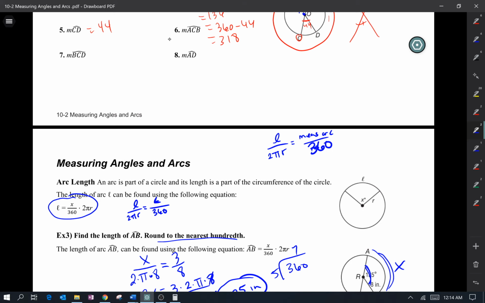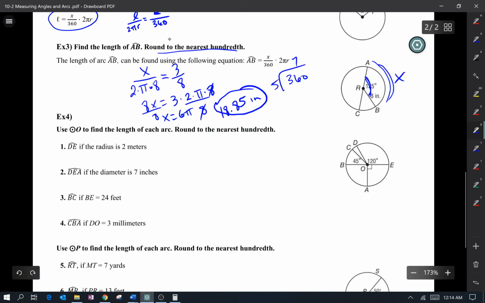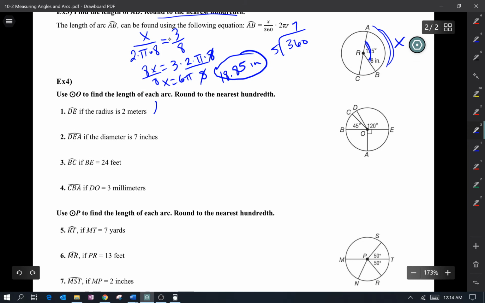And remember, the measure of the arc is the degrees, right? All right, so let's fill in the blanks, right? The length of the arc over 2 pi r is proportional to the measure of the arc over 360. All right, so the length of the arc, what are we trying to find?